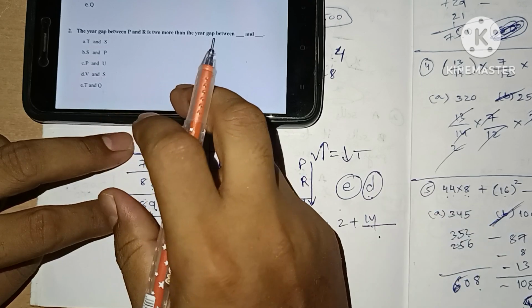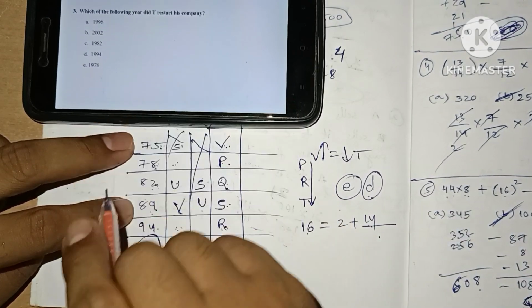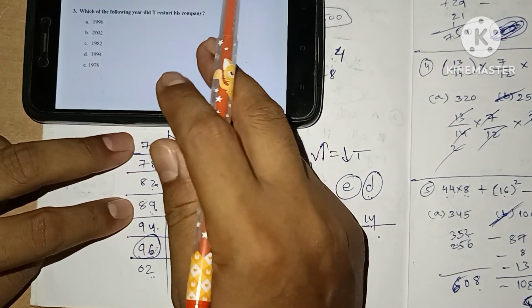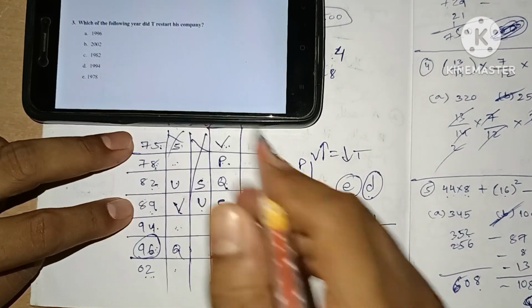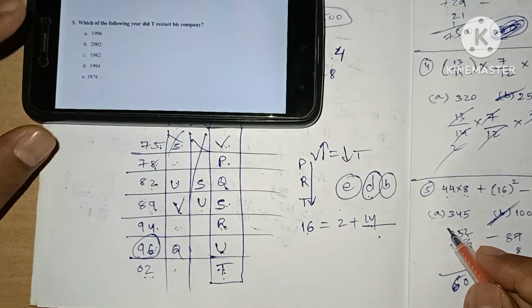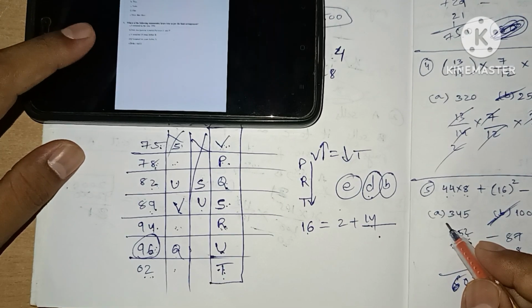Now we are going to see question number 3. Which of the following years did T restart his company? T restarted in 2002. Option B is our answer. Next, fourth question.